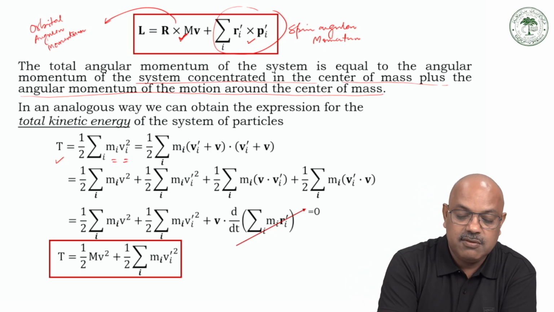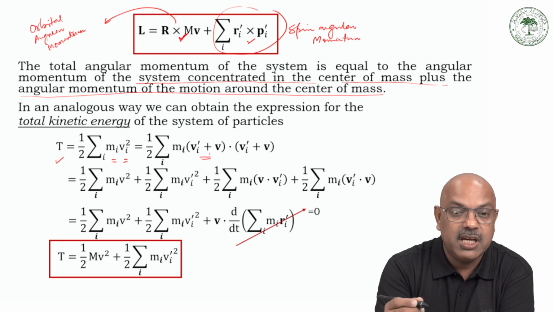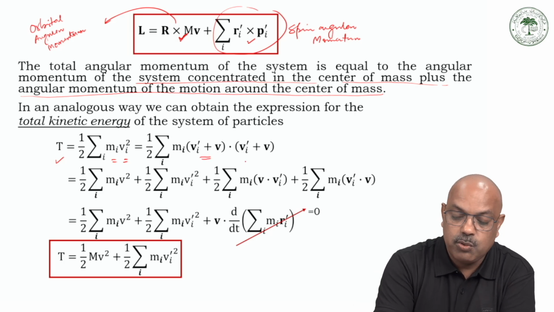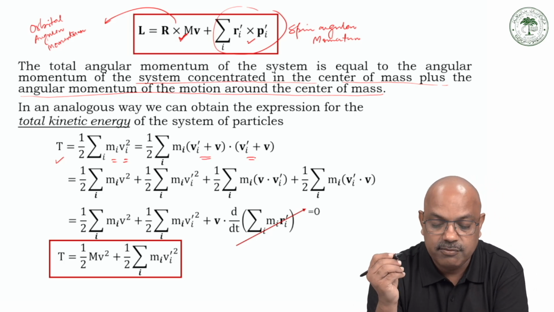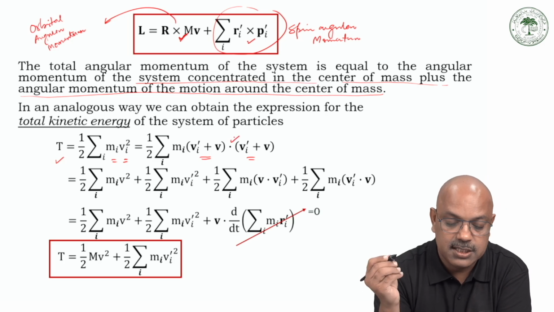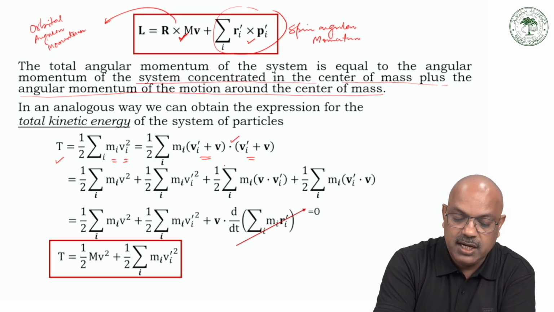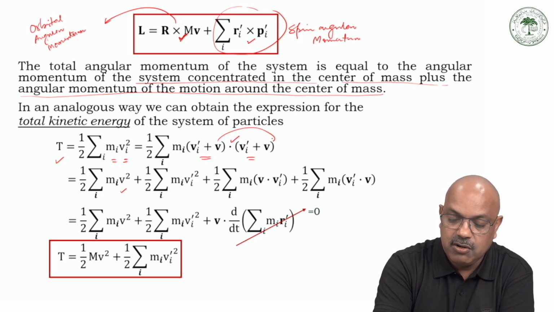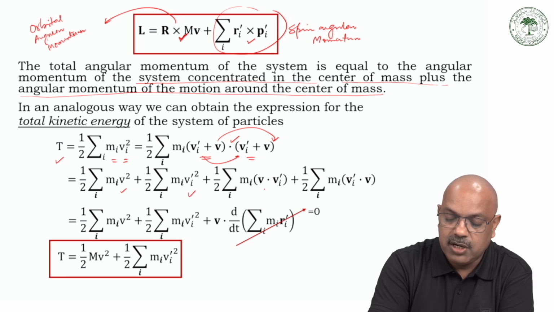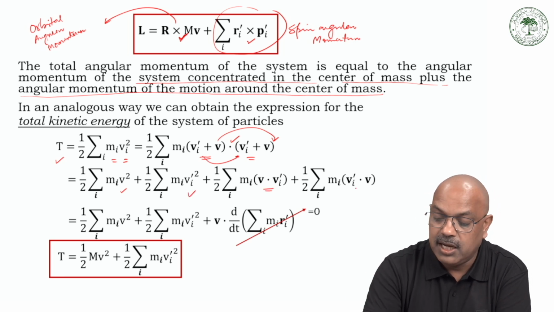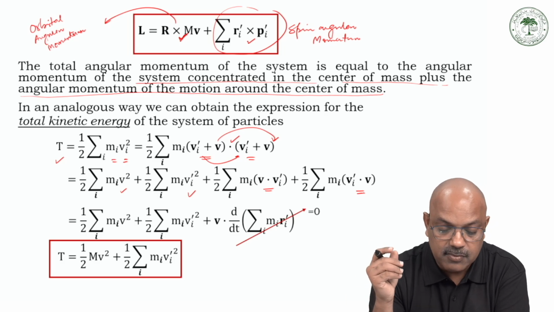But vi is, if you remember, vi prime plus v, so squared, and if I open this, we get v square, v prime square, and then the dot products v dot v prime and v prime dot v.